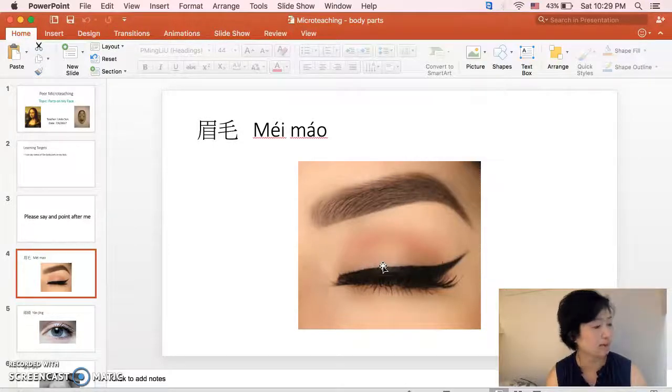And then I also did modeling, and I did pointing, and I showed visual pictures, and I used caretaker speech, which I learned from our classroom training, as the same way as how babies learn language, through a lot of repetition and pointing, modeling, and saying, and with inviting the learner to repeat after me.